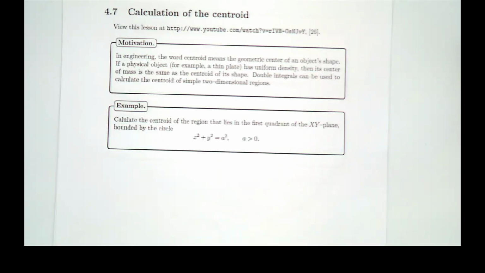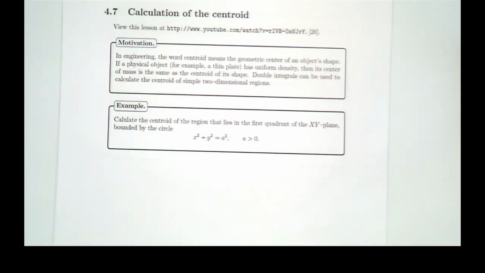compute, you might have an object, like a thin plate, and the density of that plate changes depending on where you are, right? You can use double integrals to compute the total mass of the plate. You can use them to compute the moments about the axes.